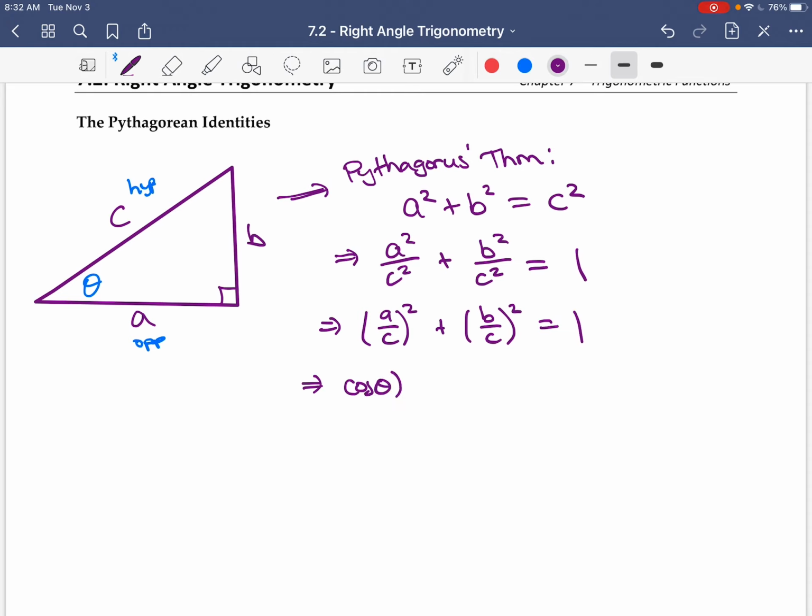So that's cosine of theta squared. And b over c is the opposite side over the hypotenuse. So that's actually sine of the angle, which is all squared. So that's equal to 1. So maybe I'll just write that. So sine of theta is b over c, and cos of theta is a over c. So that's how we get from there to there.